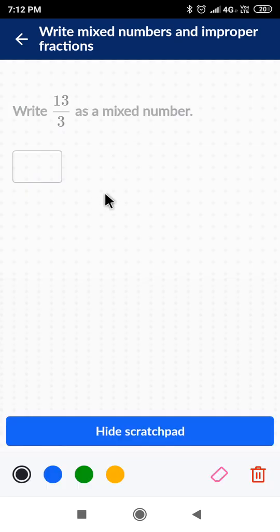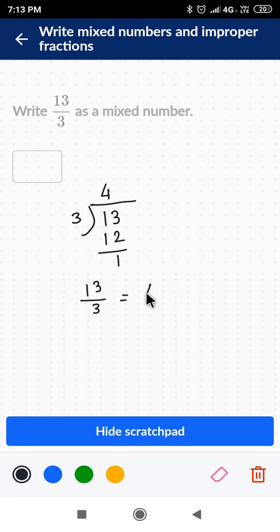Thirteen by 3 as mixed number. 13 divided by 3. 3 fours are 12, remainder 1. Therefore 13 by 3 is equal to 4 and 1 by 3.